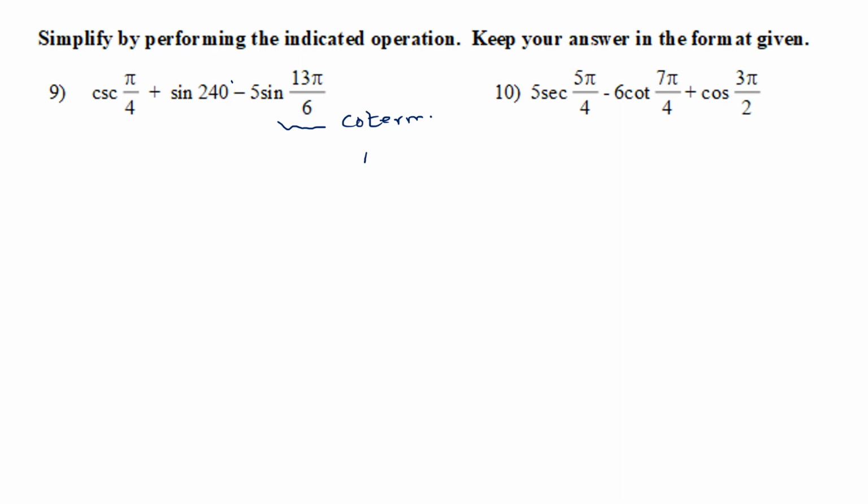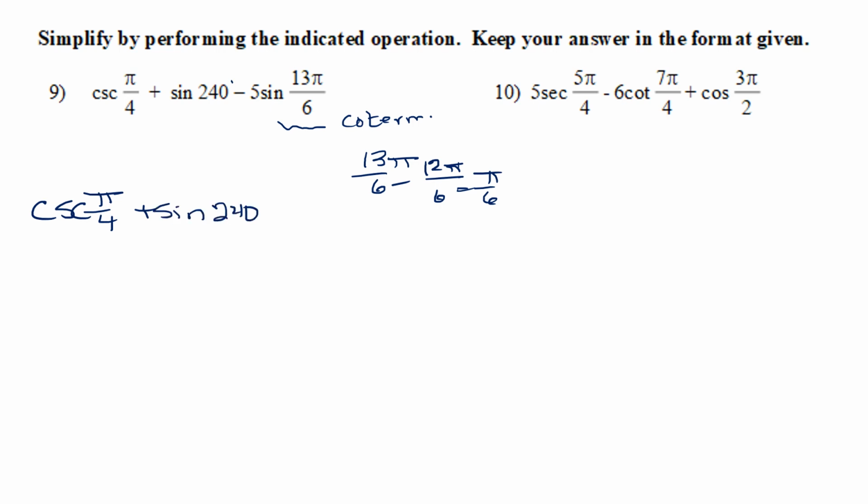So if I take 13 pi over 6 and subtract 2 pi, that would be the same thing as 12 pi over 6. I'll just get pi over 6. Therefore, I can rewrite my problem: cosecant of pi over 4 plus sine of 240 minus 5 multiplied by sine of pi over 6. Cool.